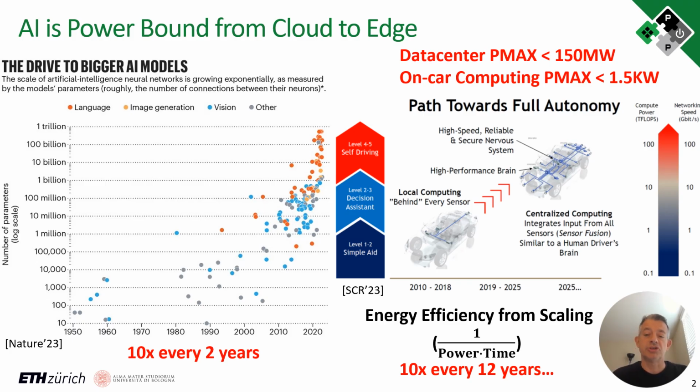And this is shown in the gap between the evolution of machine learning model requirements compared to the evolution of CMOS technology capabilities: 10x every 2 years versus 10x every 12 years. So we have a big energy efficiency problem and sustainability problem.